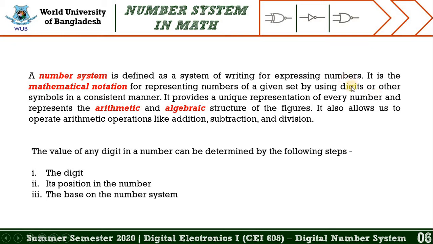It provides a unique representation of every number and represents the arithmetic and algebraic structure of the figures. It also allows us to perform arithmetic operations like addition, subtraction, and division. The value of any digit in a number can be determined by the digit, its position in the number, and the base of the number system. So let's move into the next slide.